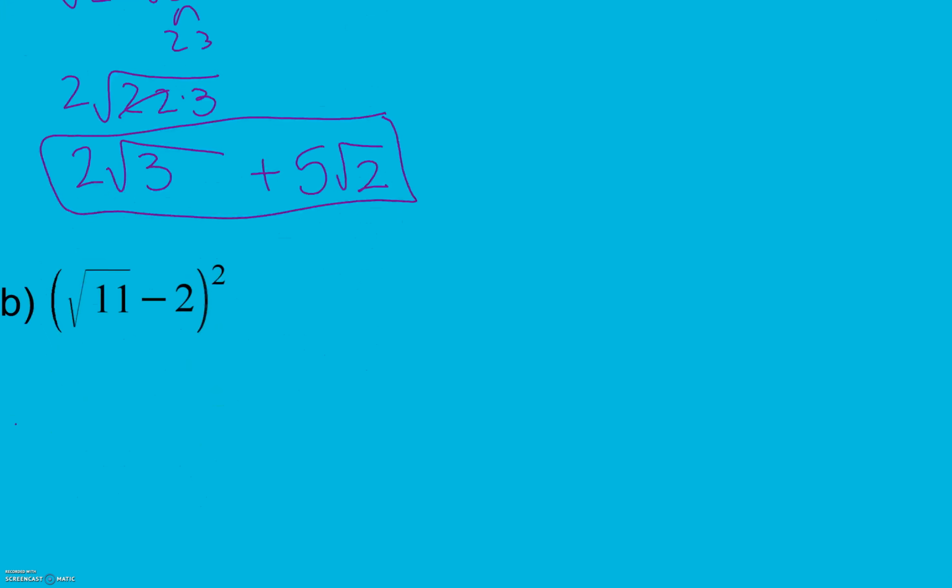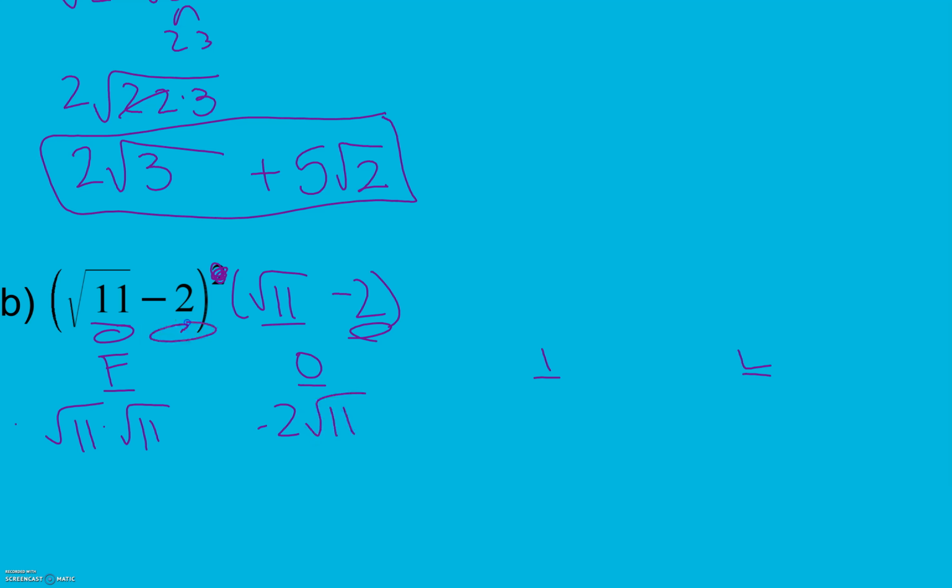In B, we have an expression squared, and when we square something, guys, it means we take it times itself. And now here I'm going to FOIL. Firsts, outsides, insides, lasts. And again, remember to take those signs with those numbers.